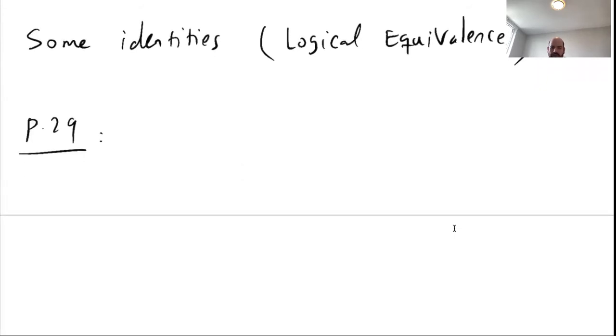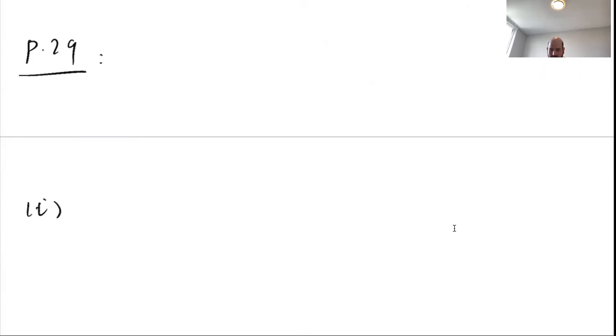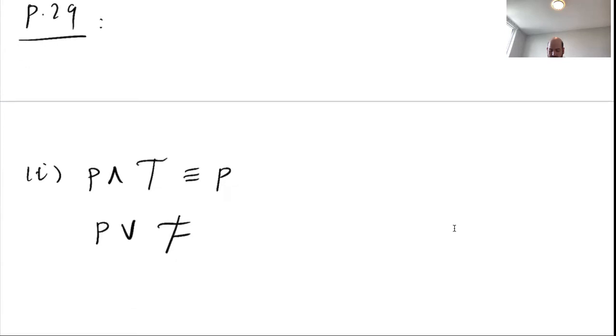So for example, P conjunction the tautology is logically equivalent with P. P disjunction a contradiction is logically equivalent with P. So these are called identity laws.